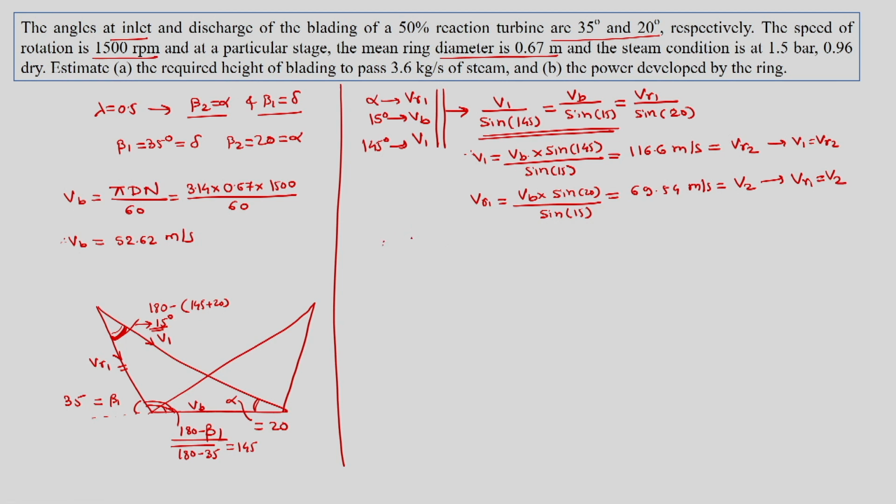Knowing this, we can find out delta VW, and delta VW is VR1 cos beta 1 plus VR2 cos beta 2. So VR1 we now know, which is VR1 into cos of beta 1 plus VR2, which is basically V2, and cos of alpha.